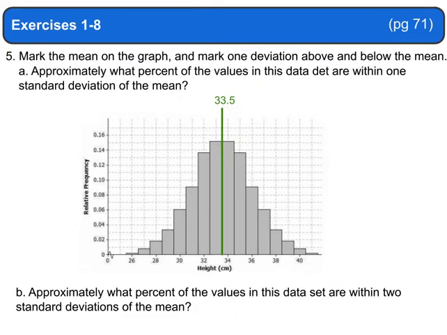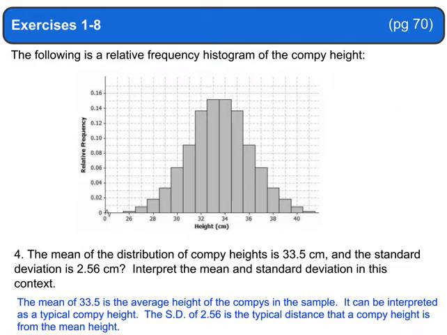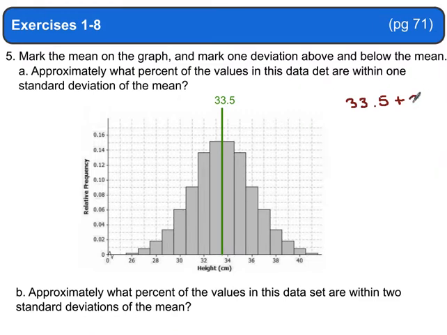So if we wanted to note that, right, what we would do is we would take the 33.5 and then we're going to add the standard deviation, which we said was 2.56. And if we did that, that would be somewhere over here.